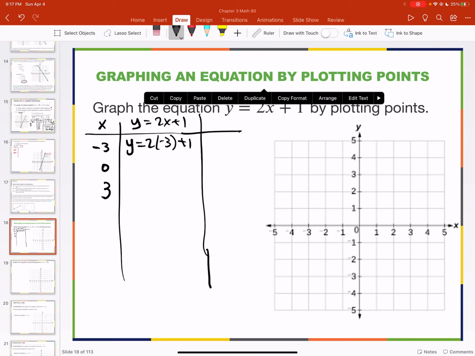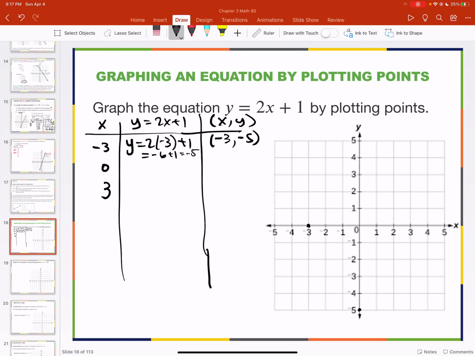That's y equals -6 plus 1, which is -5. So your point (x, y) is going to be (-3, -5). So that's plugging it in, and -3, -5 is down here.